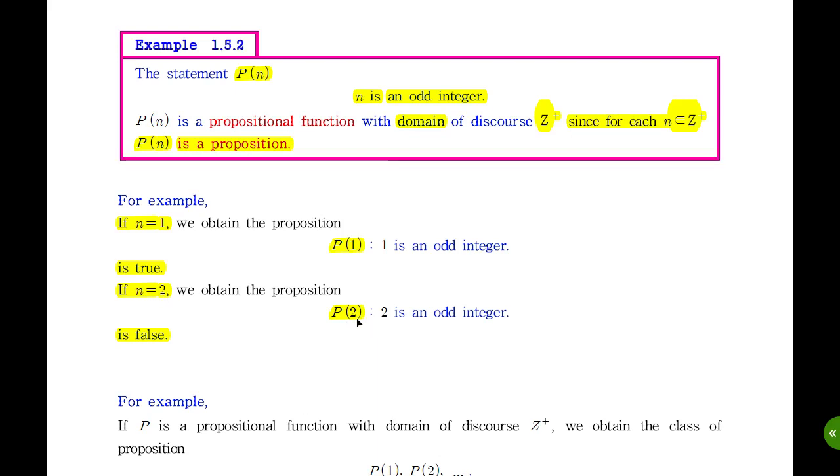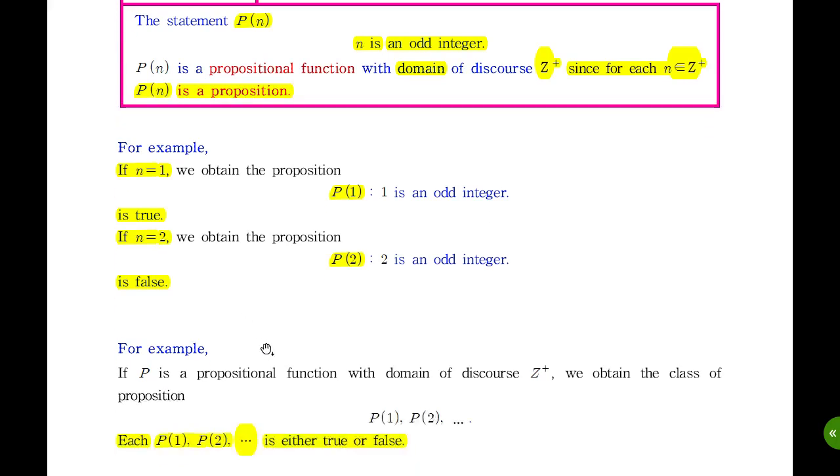For example, P of 2 means 2 is an odd integer, which is not true. So this proposition is proved to be not true. Okay.